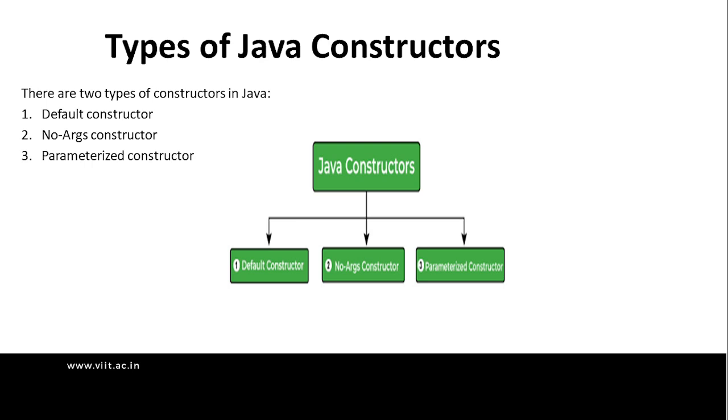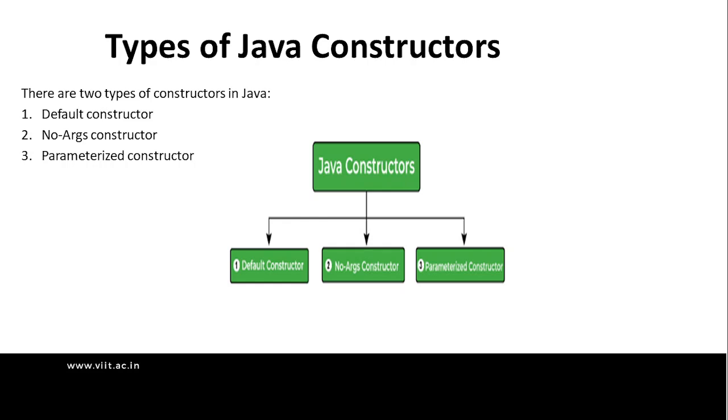These are the types of constructors. There are two types of constructor in Java. First is the default constructor. Then second is the no-argument constructor. Third is the parameterized constructor. Out of that, the default constructor you need not define. It is automatically created at the time of execution.